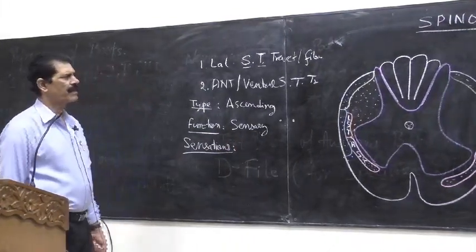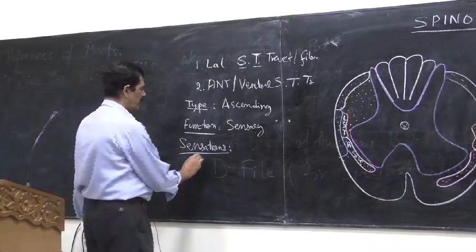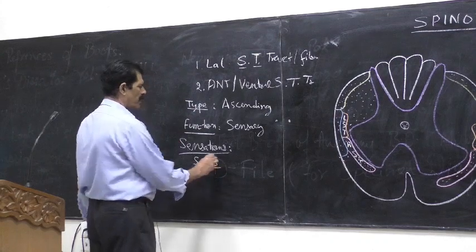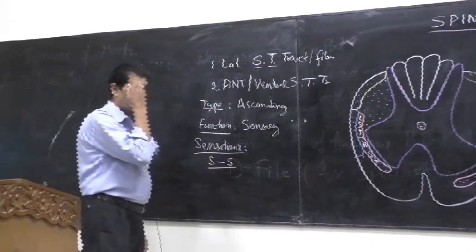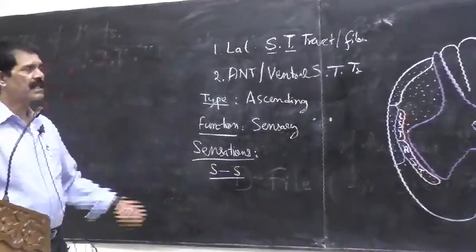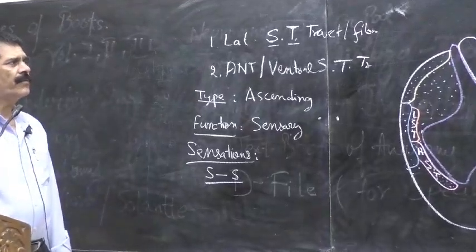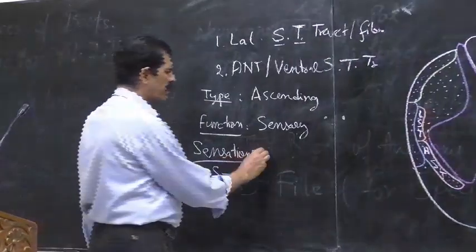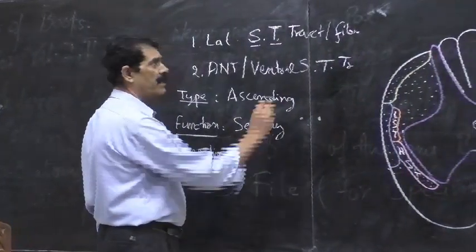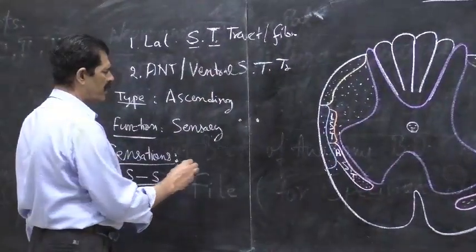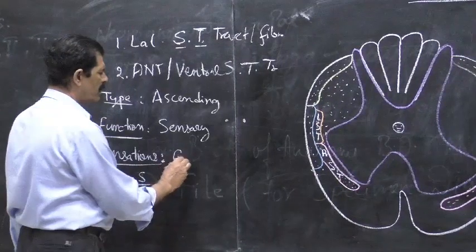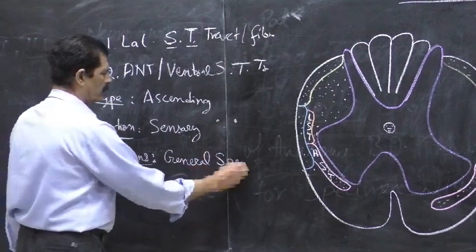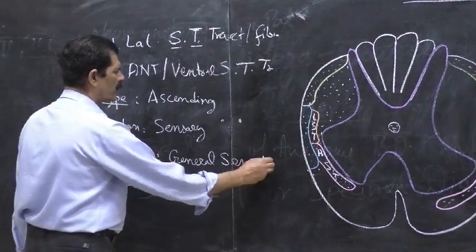Sensation means S for S. The nerve starts from the skin of the human body, from head to toe. And the sensations in the skin picked by these spinal lemniscus fibers are the general sensations of the body.